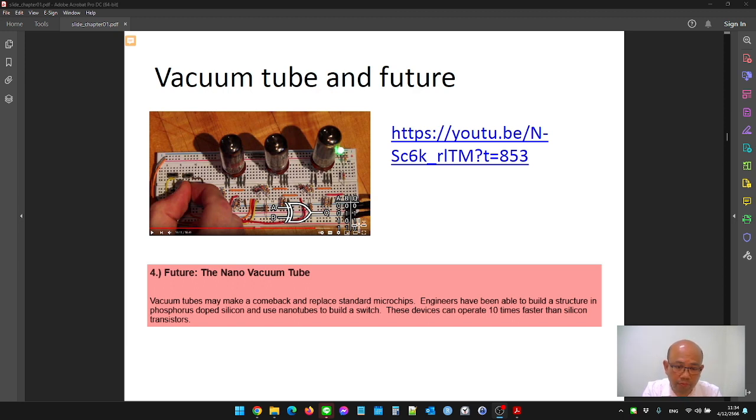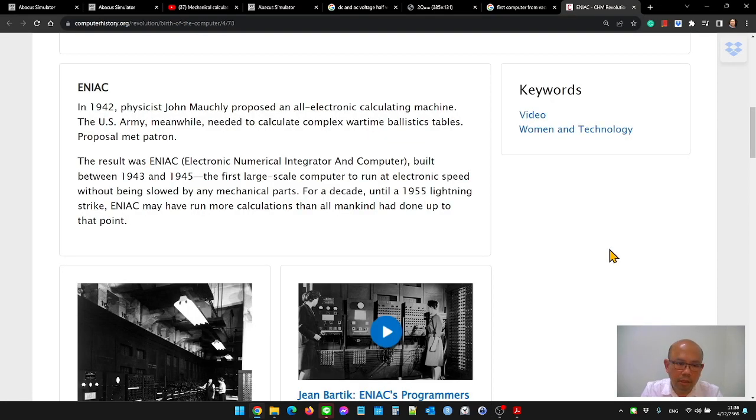I will search for the first computer that was made from the vacuum tube to show you. The ENIAC is the first computer made from vacuum tubes, in 1942. I searched on the Internet, computerhistory.org. This is the ENIAC.